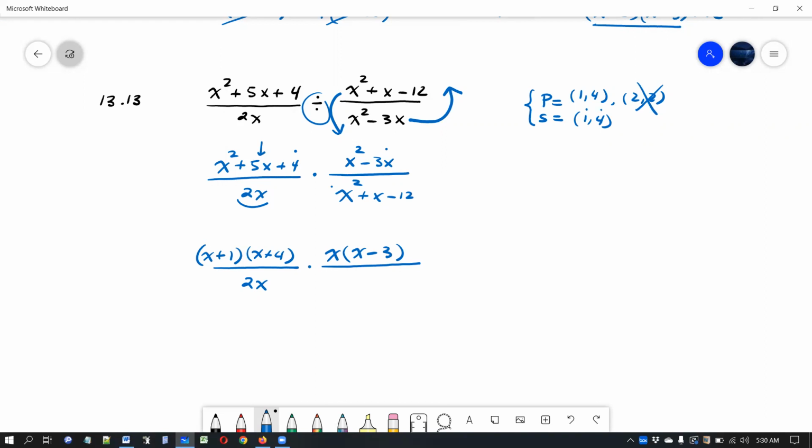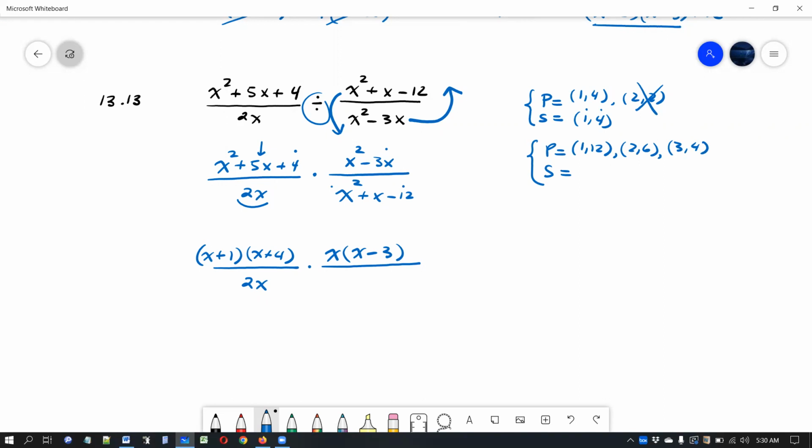And I'm going to do the same thing for x squared plus x minus 12. So I need two numbers whose product is negative 12, but I'm going to write it as 12. Ignore the sign. So I can have maybe 1 and 12, 2 and 6, or 3 and 4. These are the three possibilities. There's nothing else in terms of whole numbers.